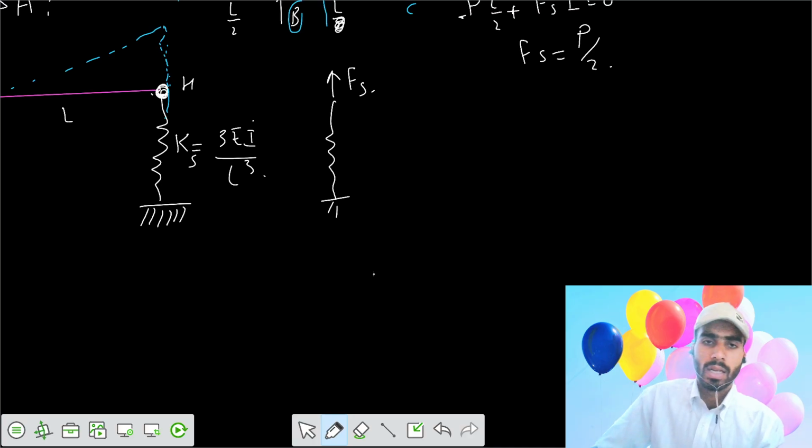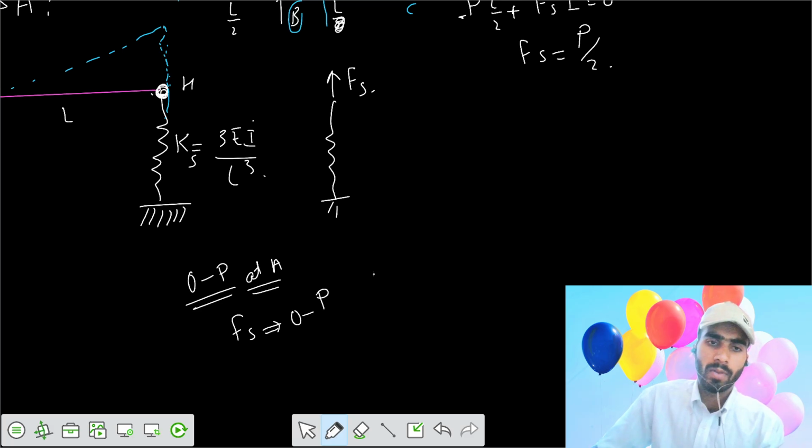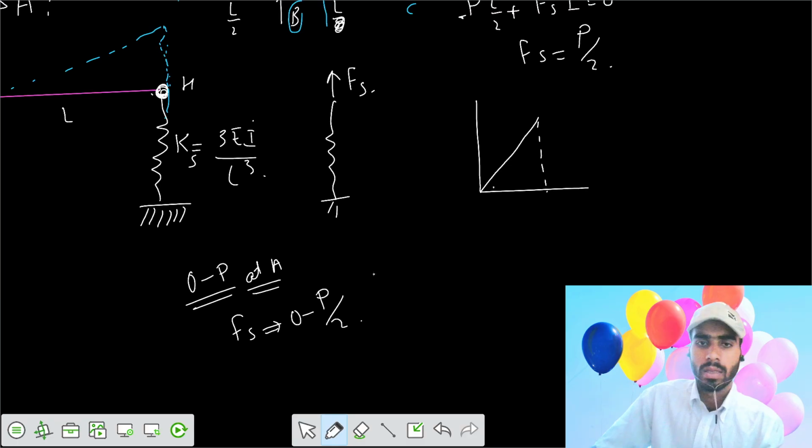Say the load was gradually applied from 0 to P at location A. Now the force developed in the spring goes from 0 to a final value of P by 2. If we plot that, at Fs equals P by 2, you get some value of delta elongation in the spring.